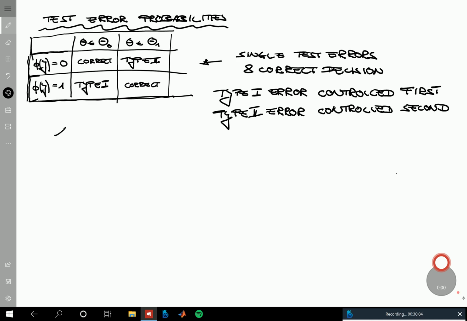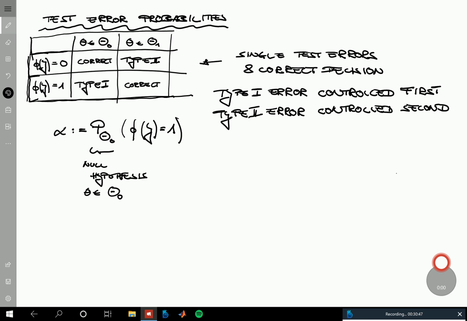The first test error probability that we are going to define we call alpha. That's the probability, under the probability distribution of the data under the null hypothesis, meaning that the parameter of the probabilistic model is an element of the null hypothesis, that the test comes out 1.